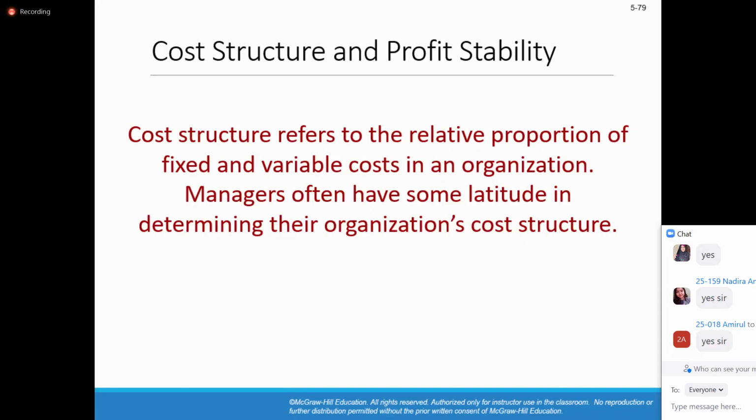Incur is a more appropriate word here. So which one is better for me? I'm interested to know about a mix of variable and fixed cost.